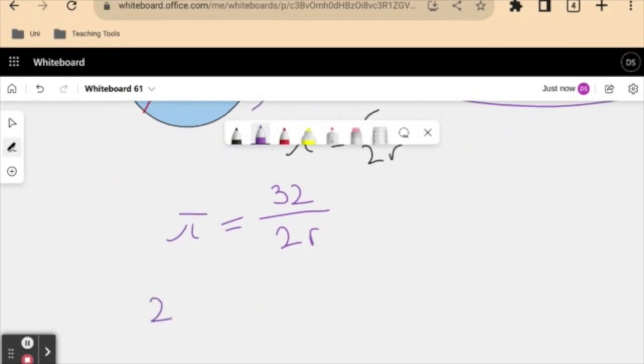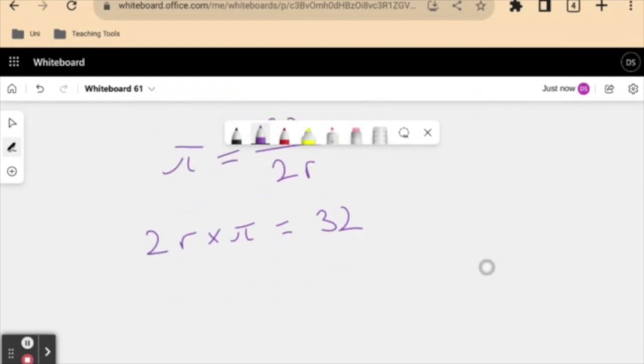And I can say that 2 times r times pi equals 32. So 2 pi multiplied by r gives me 32. So I can express r as 32 divided by 2 pi.